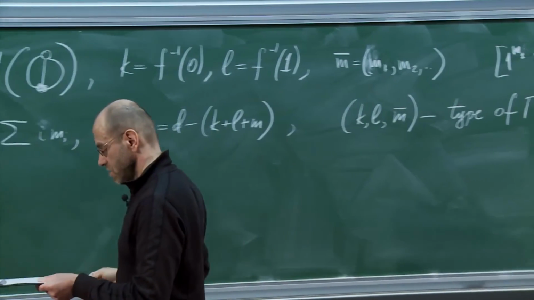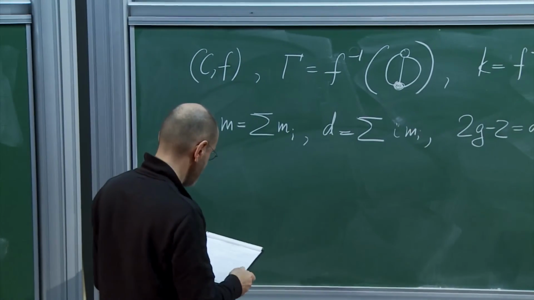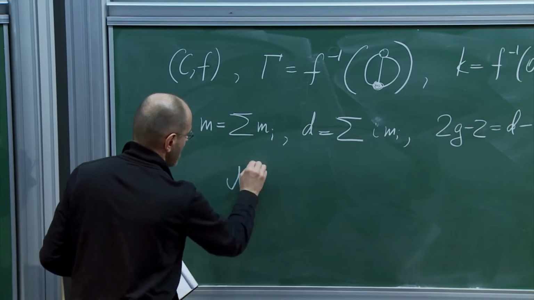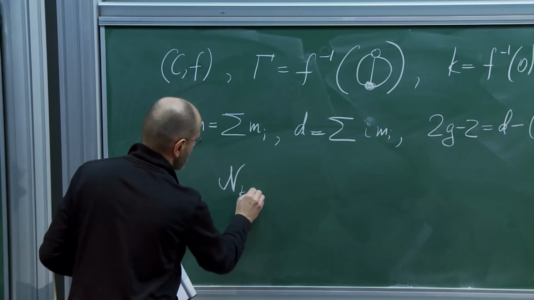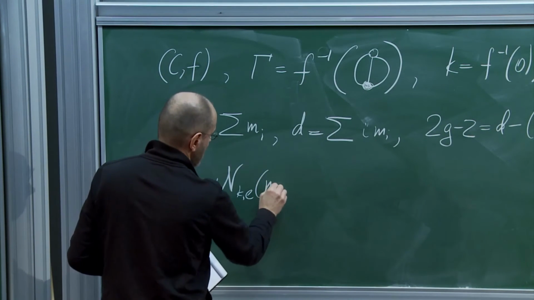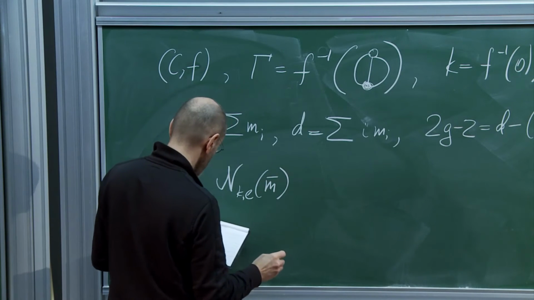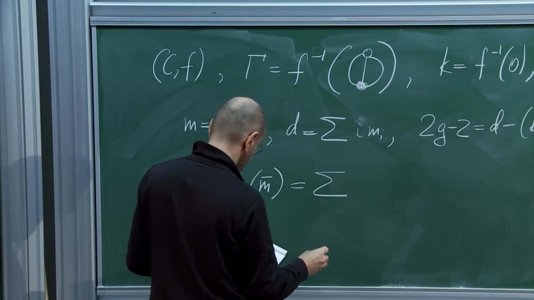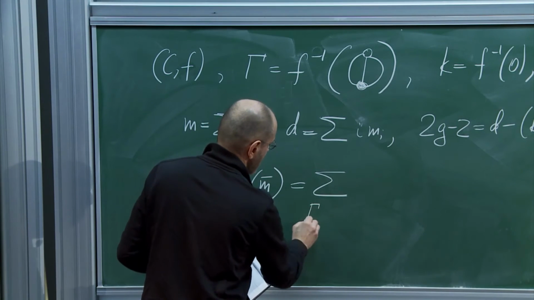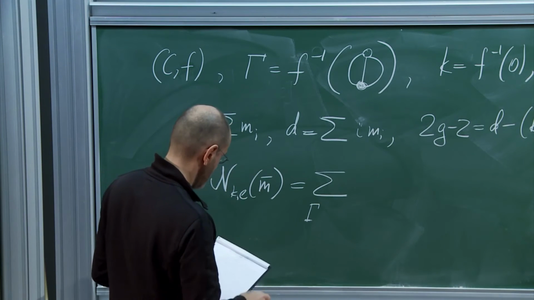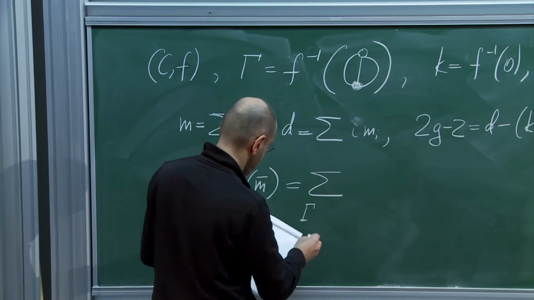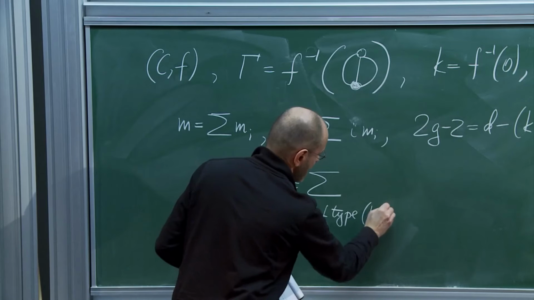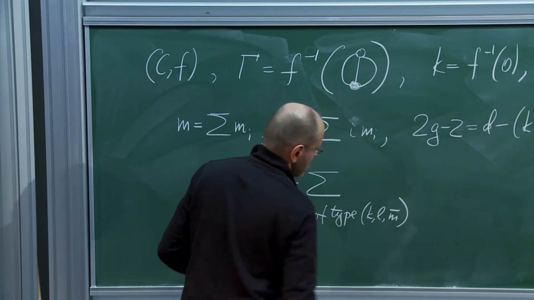Now we are going to count the graphs of a given type. The corresponding number we denote by n with subscripts k, l, and m-bar. By definition, this is the weighted count of graphs of type k, l, m-bar.